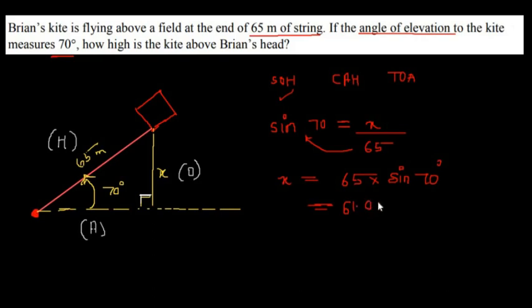So this is the height. Since meters is given, we will also write meters here. So the height between the kite and Brian's head is 61.08 meters. So this is how we use the application of angle of elevation in this example.